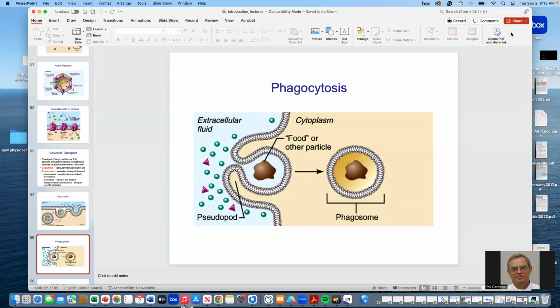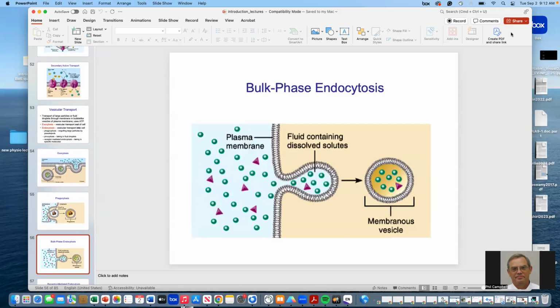Okay, so this is endocytosis, phagocytosis specifically. Next, we can have bulk phase pinocytosis. So what happens here is there's an interdigitation of the plasma membrane, and this is going to incorporate what is in the interstitial fluid here. Then it's going to pinch off and now have a membranous vesicle, and it contains elements that were on the outside, now on the inside, and now inside the cell.